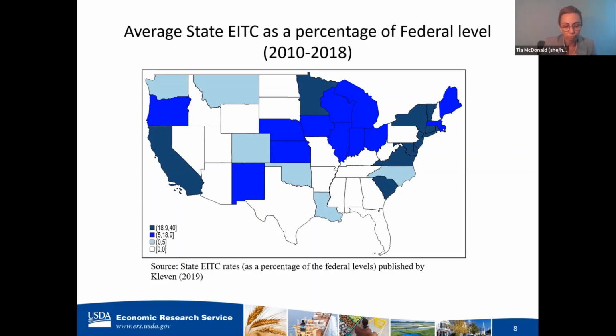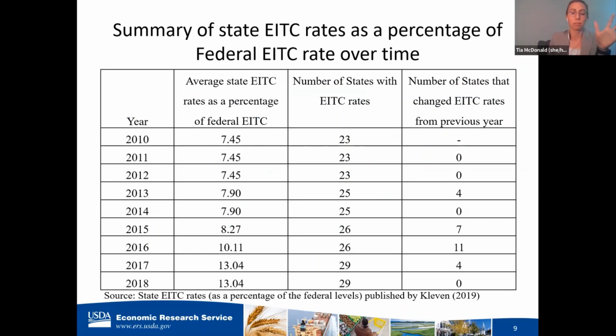So from 0% up to, the category says up to 40%, but it's really 18.9% is the highest. And this gives you a sense of the change in the EITC over time.